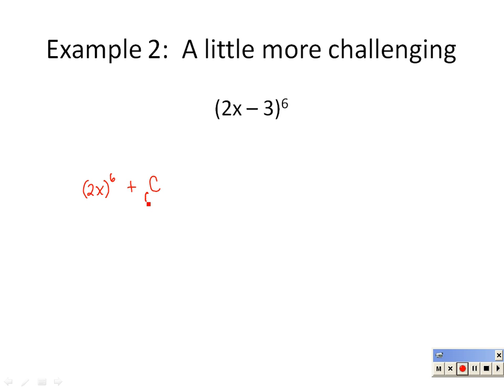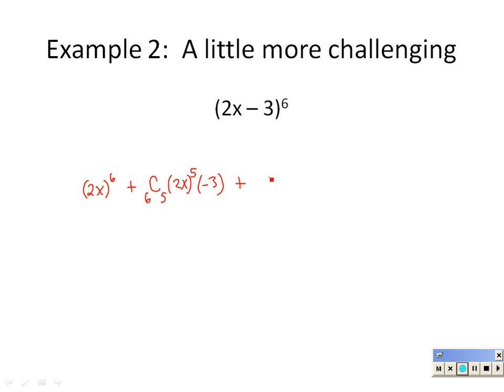Now the next part is going to have a coefficient here, of course, and it's going to be a combination of 6 and 5 because the next power of 2x will be 5. And now the negative 3 gets to make its appearance. And we'll continue that on to the third term.